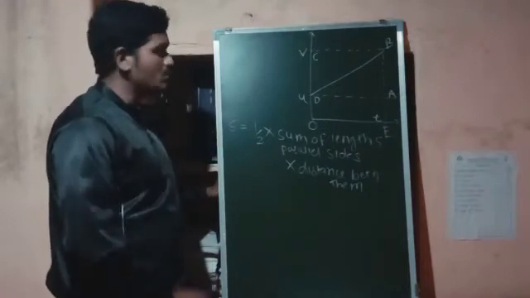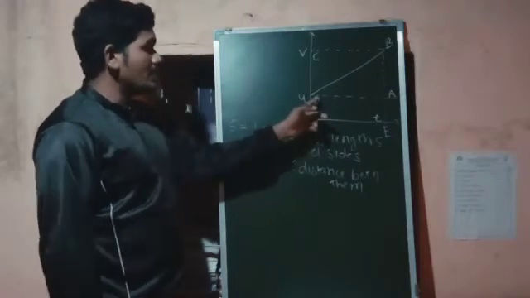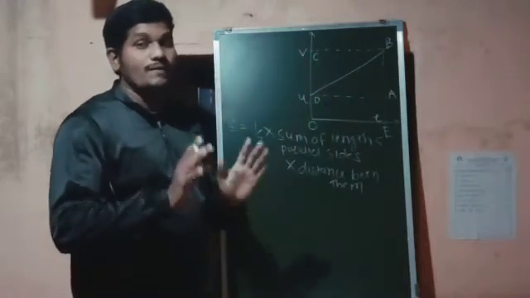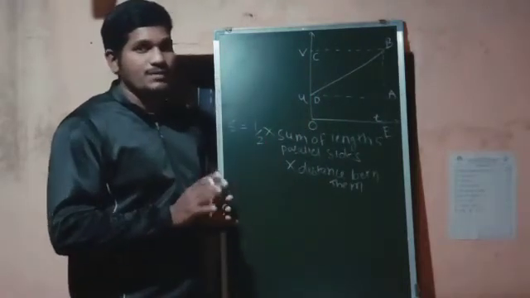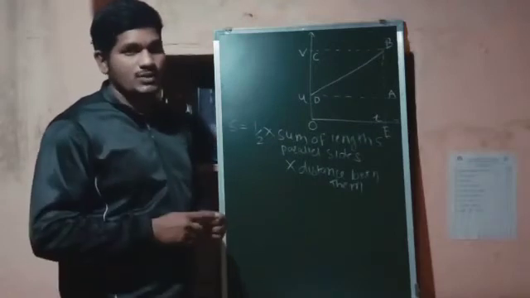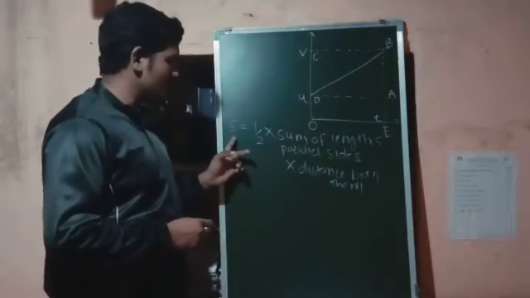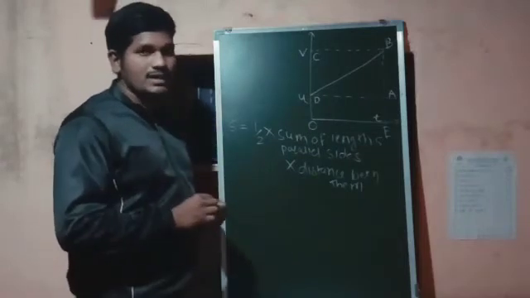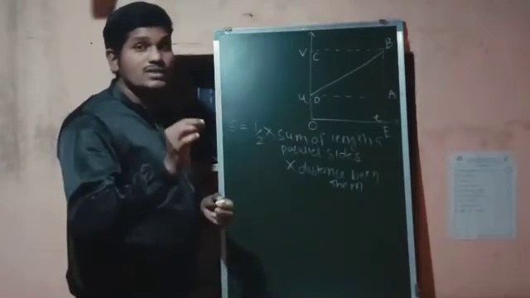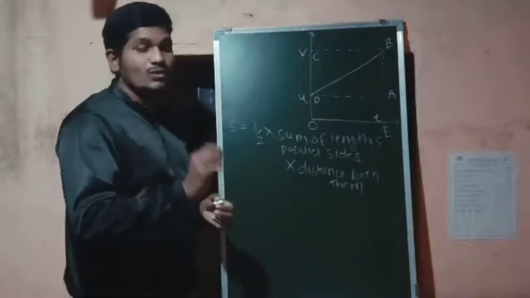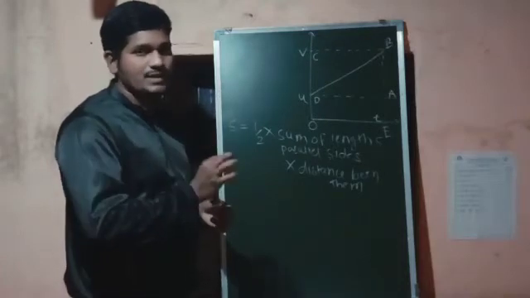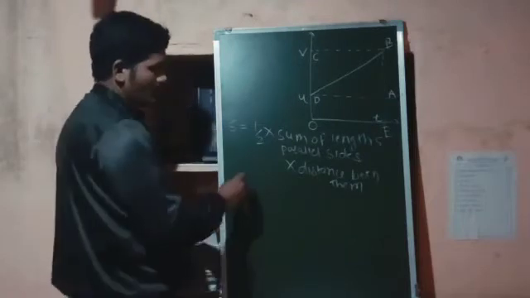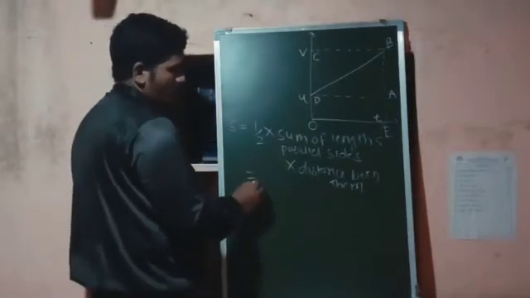I will explain one more time. Trapezium DOEB is there, and I want the area of that trapezium. So the formula for the area of a trapezium is S is equal to half into the sum of lengths of parallel sides into the distance between those parallel sides. This is the simple formula I have written. Now I will simply put the values in it.